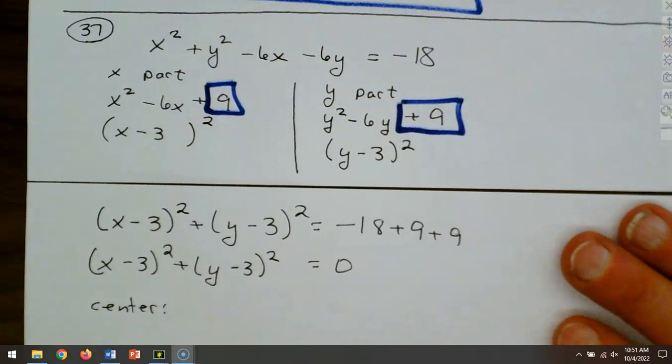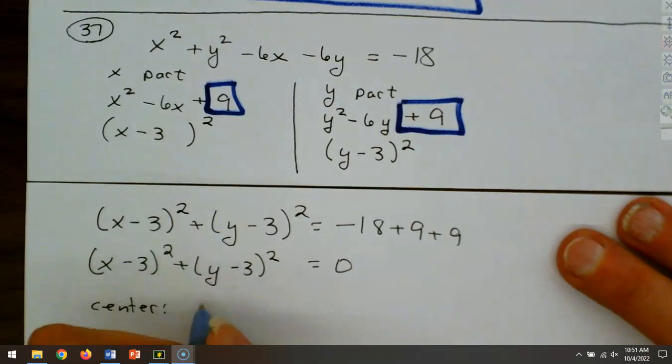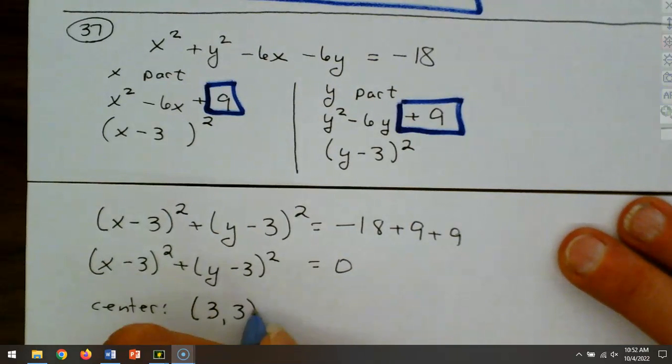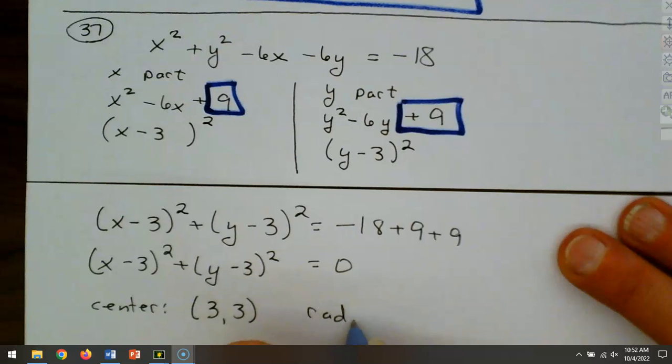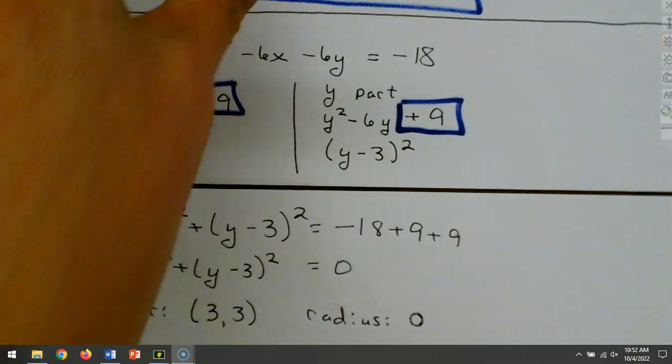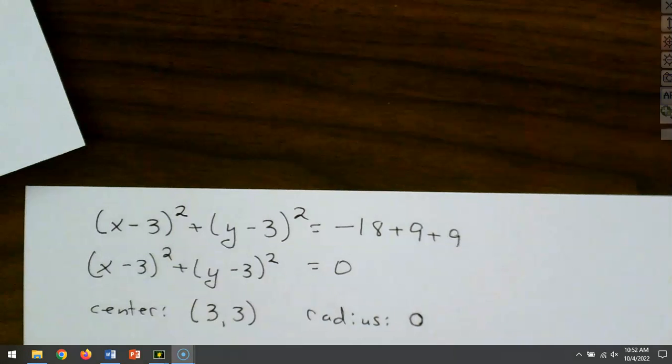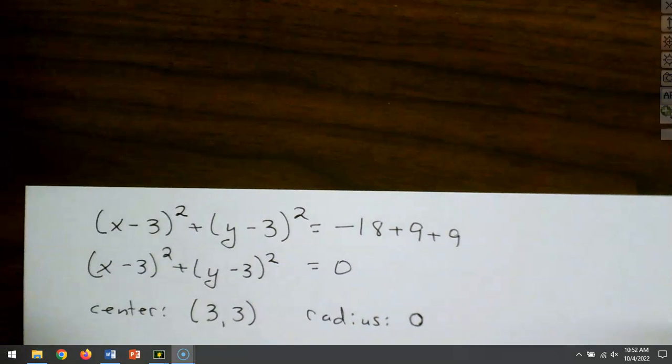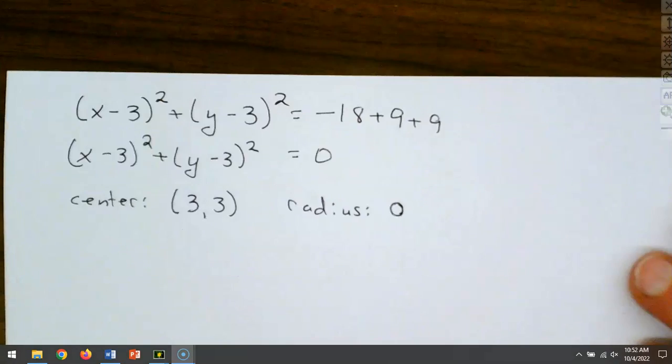So what would the center here be? Switching the signs would be 3, 3. And what about the radius? Radius is 0, right? Because the square root of 0 is 0. Now, what happens if your radius is 0? That's not a circle, right? That's going to be a point. So what would this be?